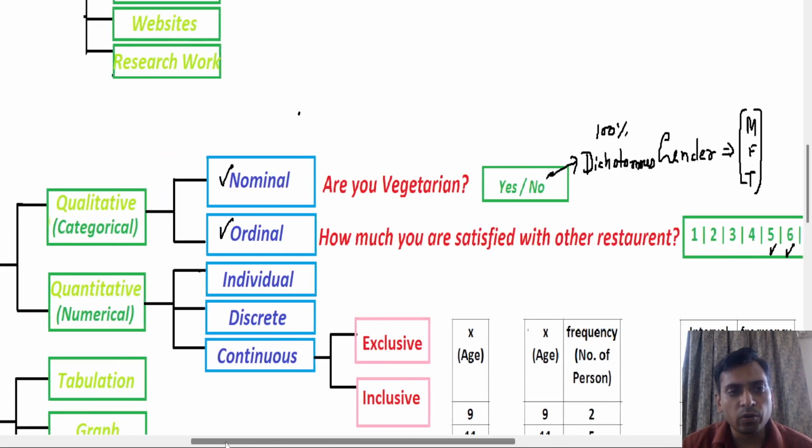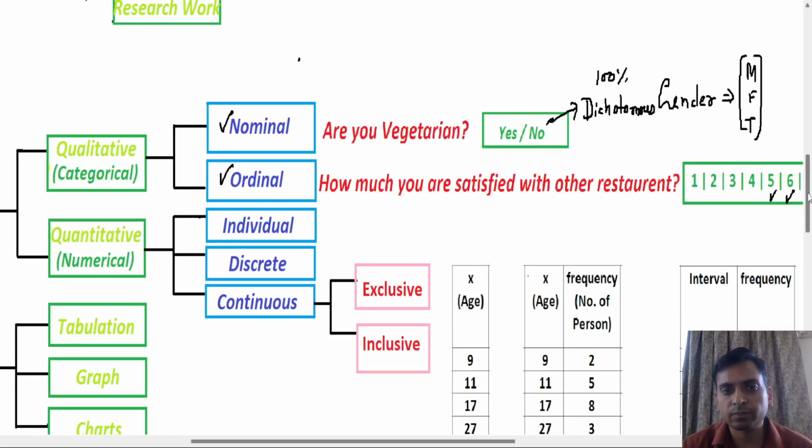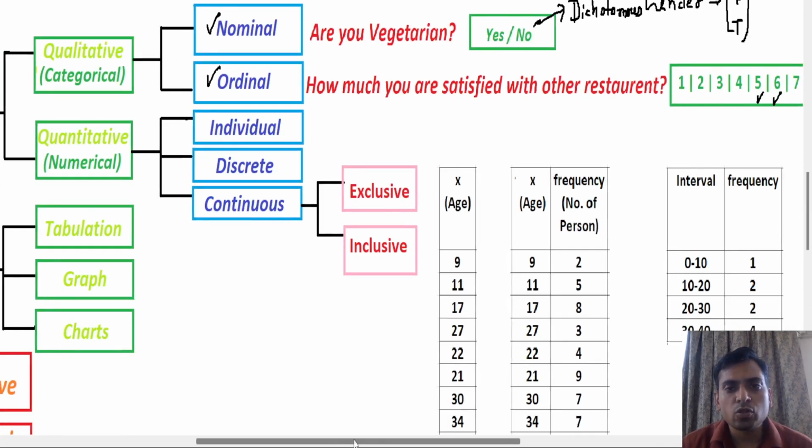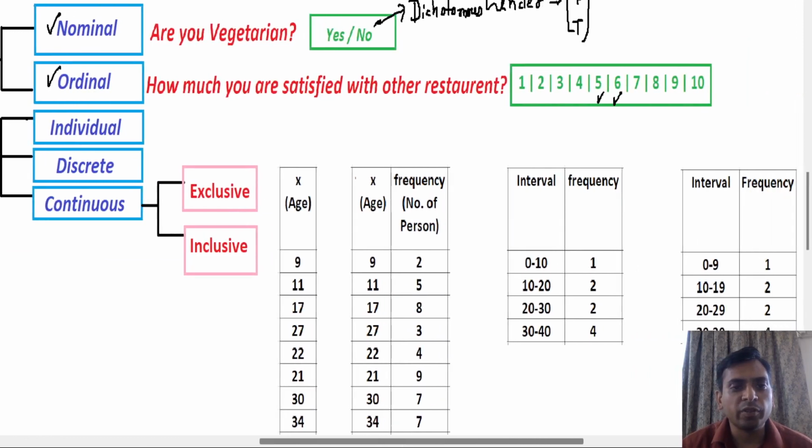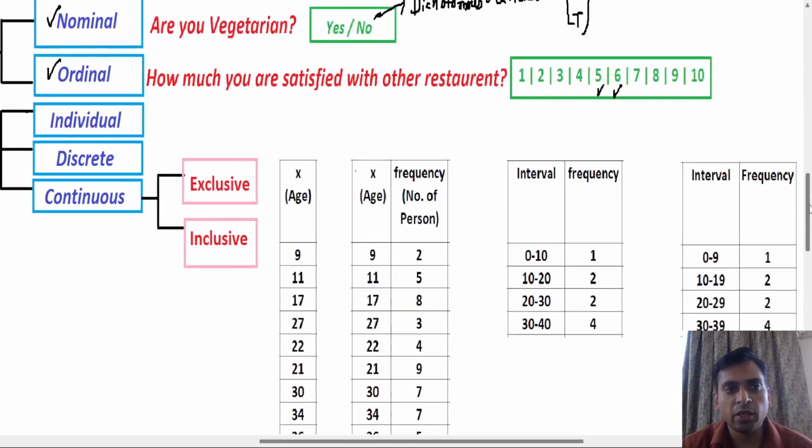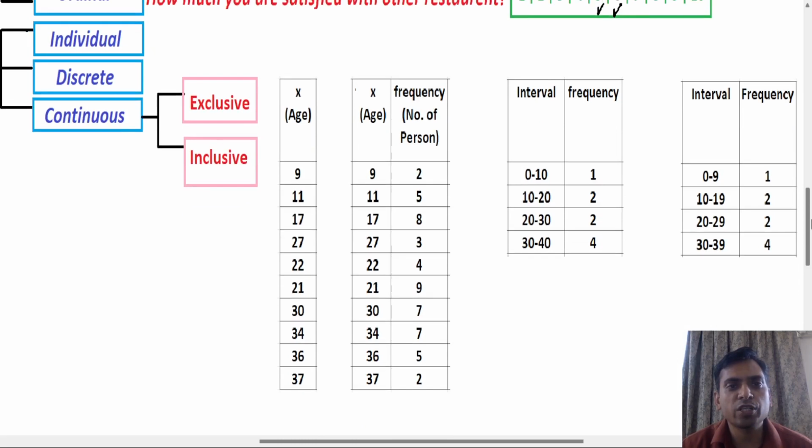And now quantitative. In quantitative, numerical data, there are three categories: first is individual, second is discrete, and third is continuous. Suppose you have collected data from different individuals and asked a question related to their age.